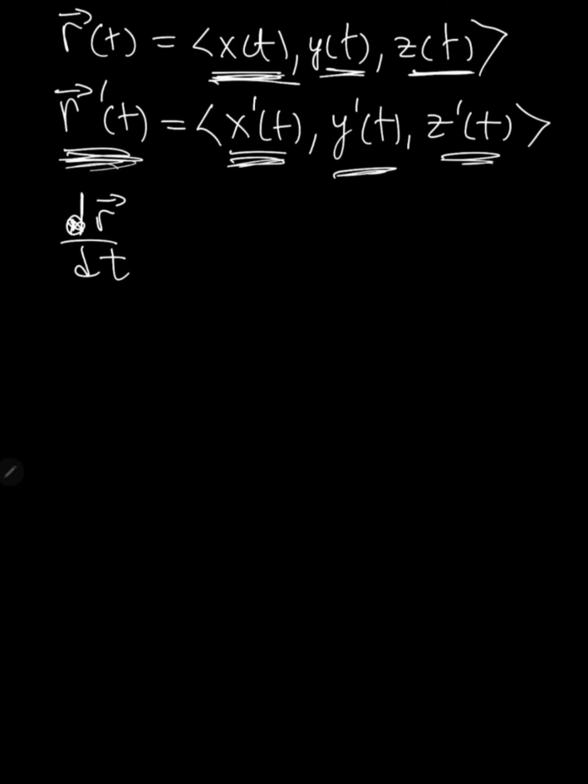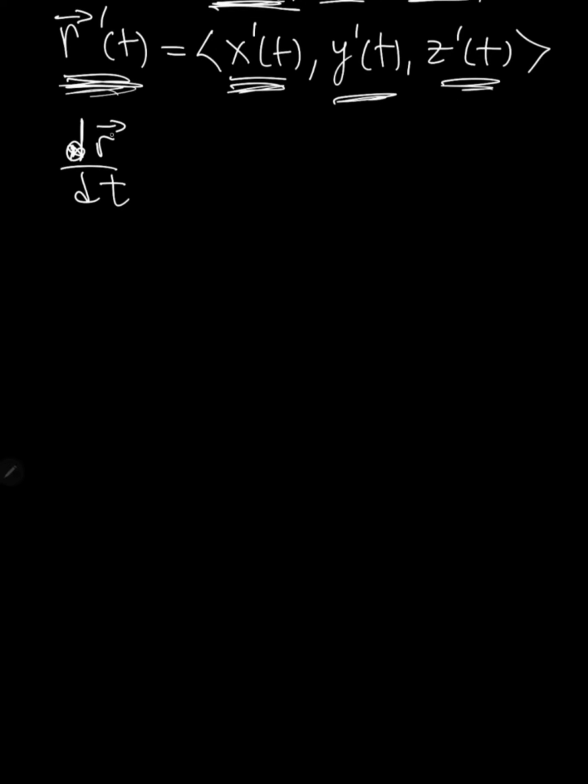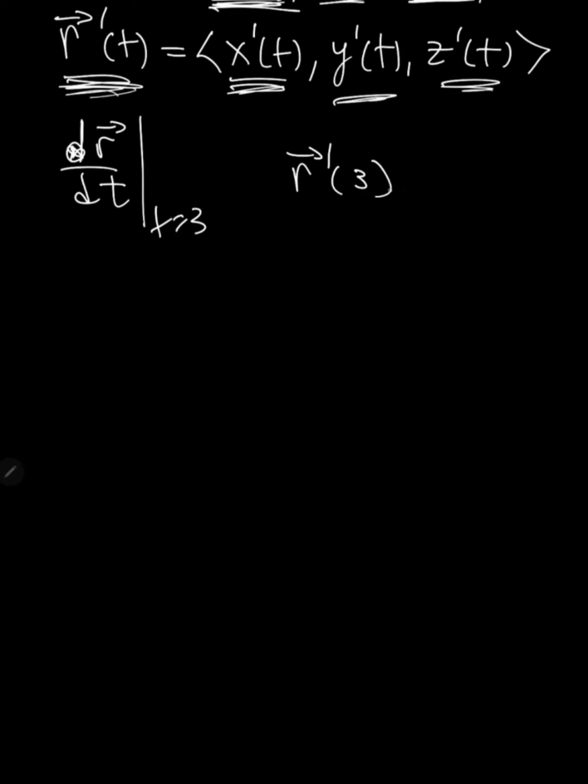Our thing is only a function of one variable. If you want to evaluate the derivative at a particular location, right, t equals 3, something like that, or of course in the other notation, r prime at 3. Okay, so the mechanics of taking derivatives is very, very straightforward.